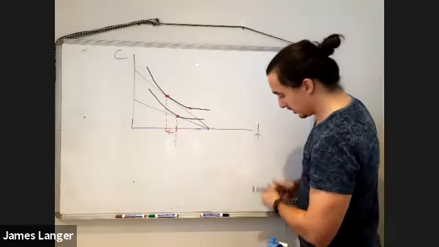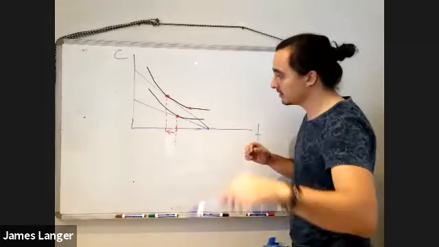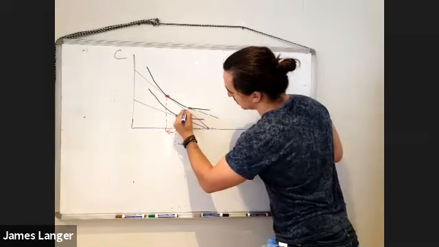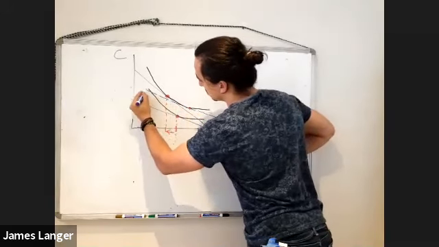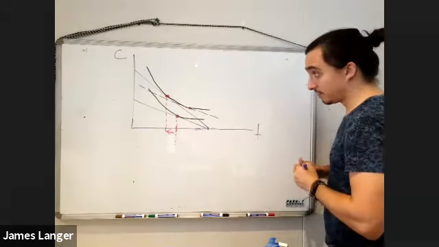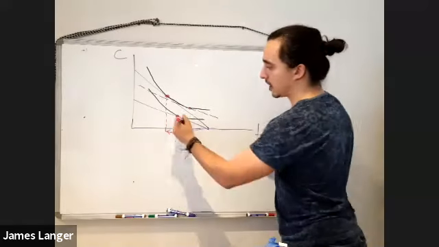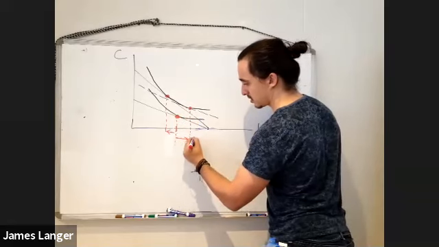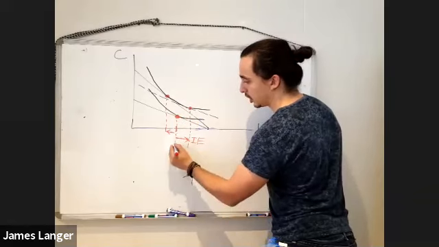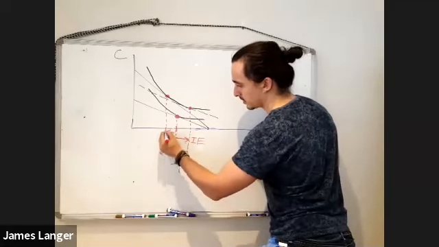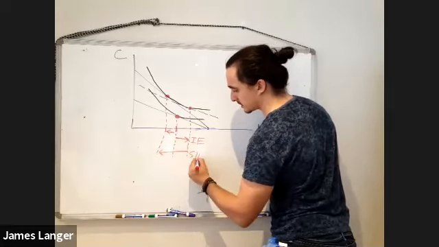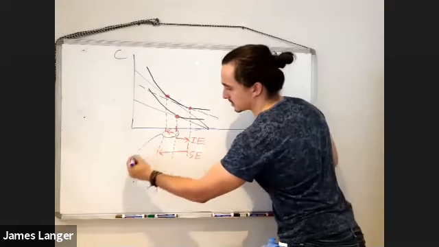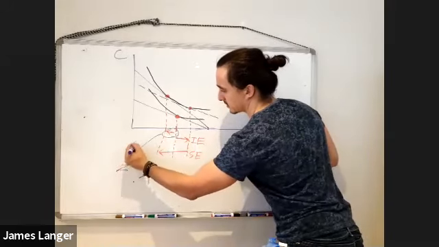Now, when I want to draw this other budget line, I can simply take this out and draw it as such. And now I'm able to have a positive income effect with a larger negative substitution effect, which yields that as my net effect.